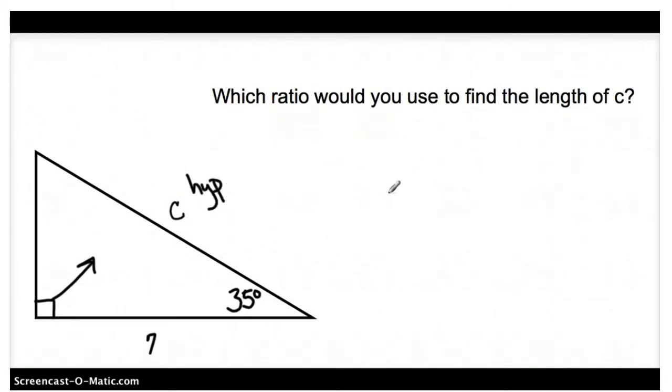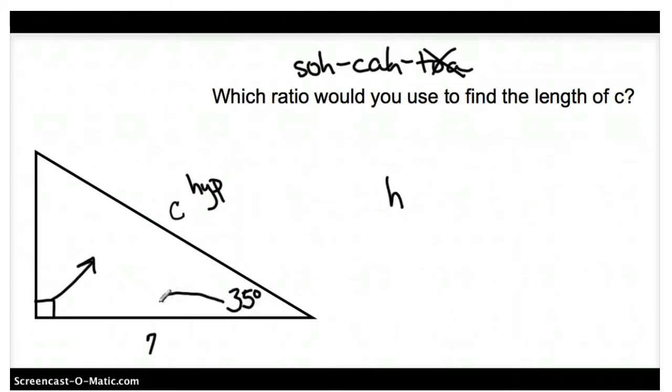So I'm definitely going to want one of the ones that has the H in it, either SOH or CAH. Because I've got a hypotenuse here, I know that TOA is not the one I'm using.